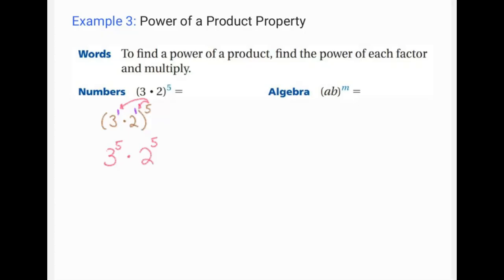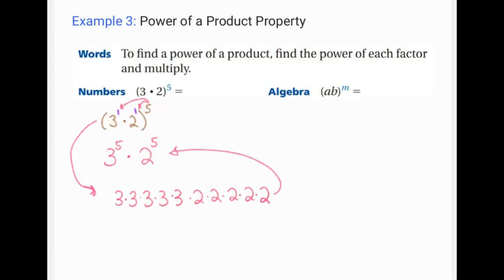Now, if you don't recall it, you can always write this as 3 times 3 times 3 times 3 times 3, and then 2 times 2 times 2 times 2 times 2, 5 of those, and then put it into exponent form from there. Just put it into this form if that helps you out.